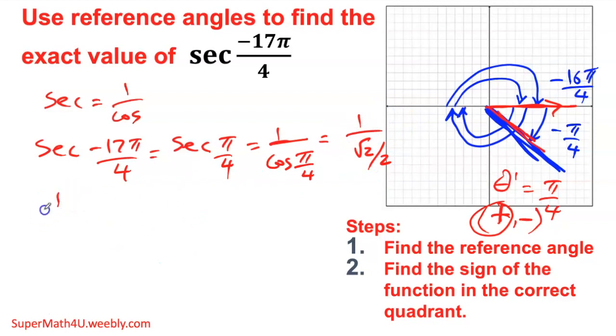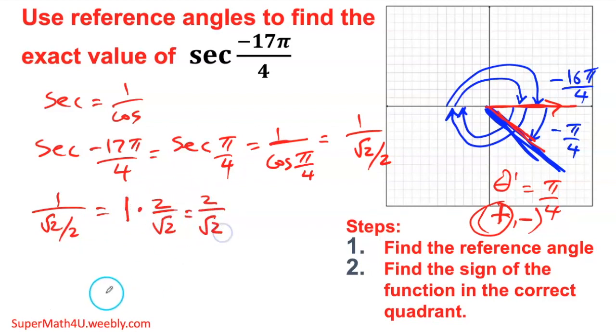Let's work with this. I have 1 over square root 2 over 2. So what I do is I multiply times the reciprocal on the top, which is flipping the fraction. 1 times this gives me 2 over square root 2. Let's rationalize. Times square root 2 on the bottom, times square root of 2 on the top. The top gives me 2 square root 2.